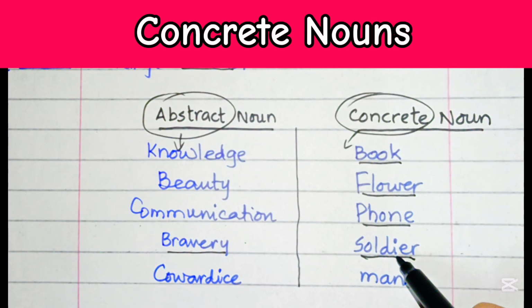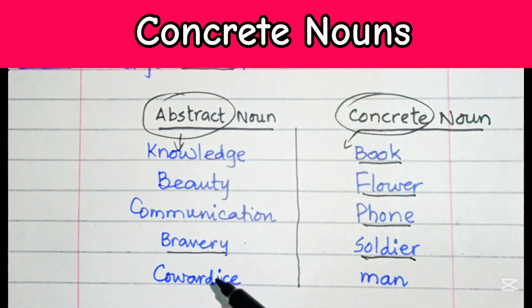So this is concrete. Cowardice is abstract in nature, and man is not abstract, rather he can be perceived through five physical senses. So this is a concrete noun. Hope this helps you understand the concept.